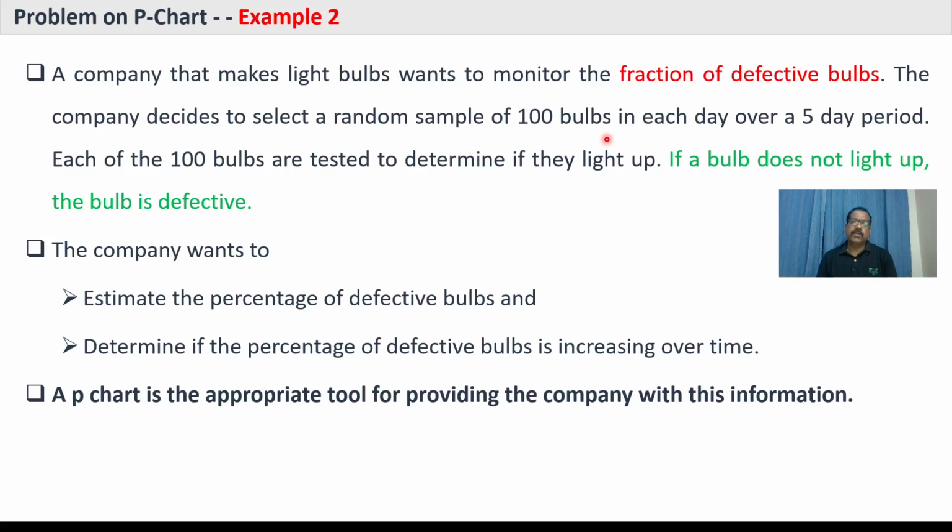The company wants to estimate the percentage of defective bulbs and determine whether the percentage of defective bulbs is increasing over time. So a P chart is the appropriate tool for providing the company with this information. Why? They are asking for the percentage of defective bulbs, so for percentage defective you have to go with the P chart.